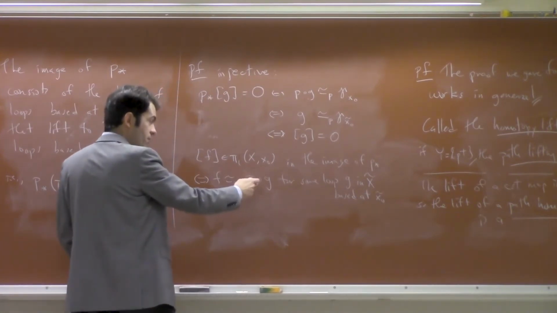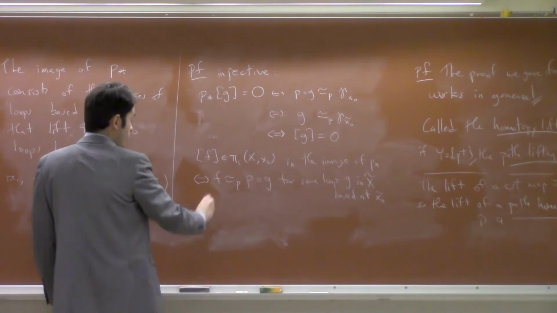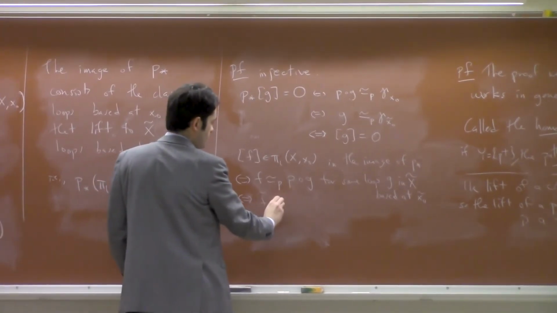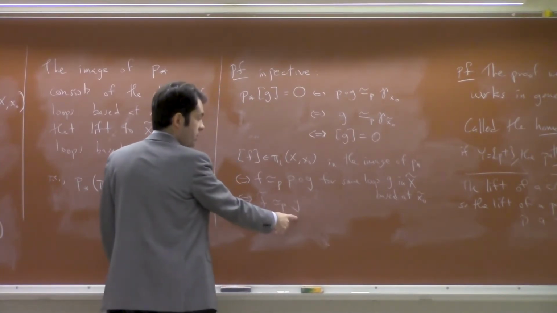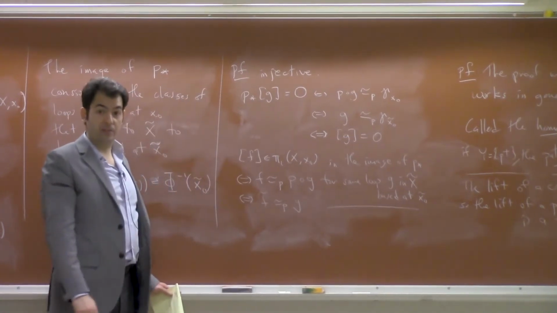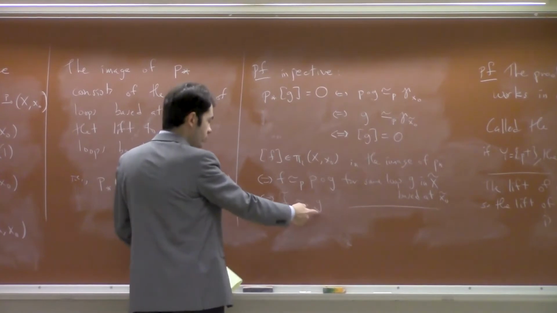So it's the projection down of a loop based at x naught. But now I just lift both sides. And it's the same as saying that the lift is path homotopic to G, where G is some loop based at x naught. Right? So being in the image is the same as saying that when you lift, you get a loop.